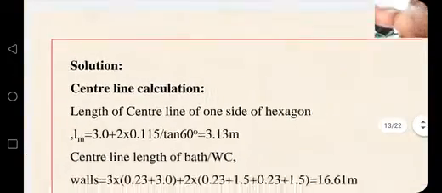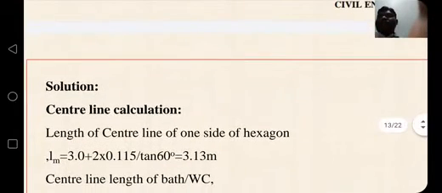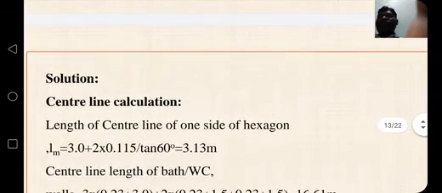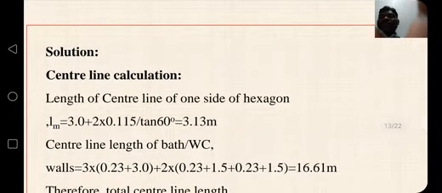Calculations, solution. The center line calculation. Length of center line of one side of hexagonal L mean is equal to 3 plus 2 into 0.115, where 0.115 means half of the wall thickness, divided by tan 60 degree, that is 3.13 meters.